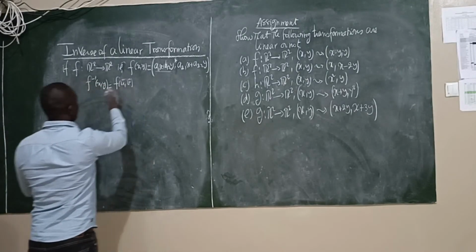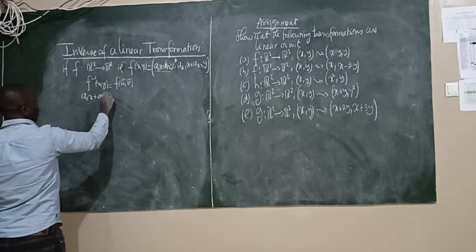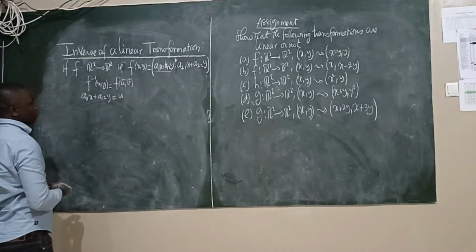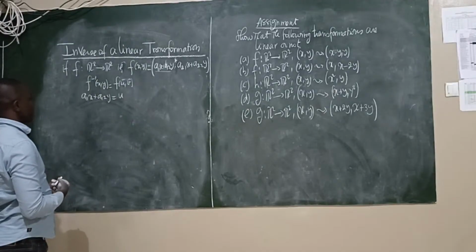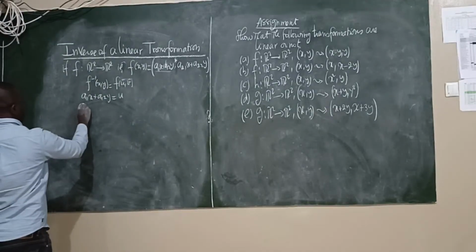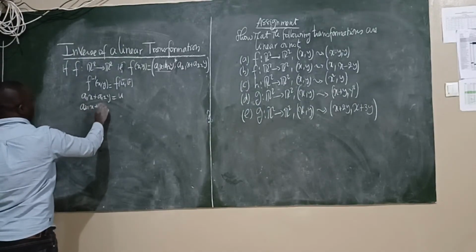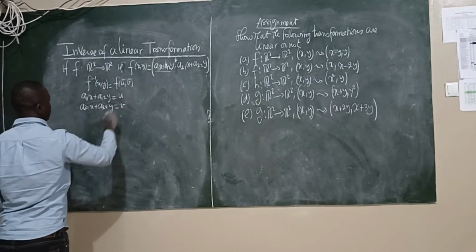What we do: a11x plus a12y is equal to u, and a21x plus a22y is equal to v.